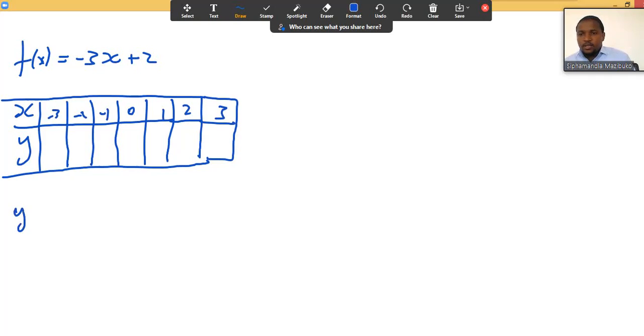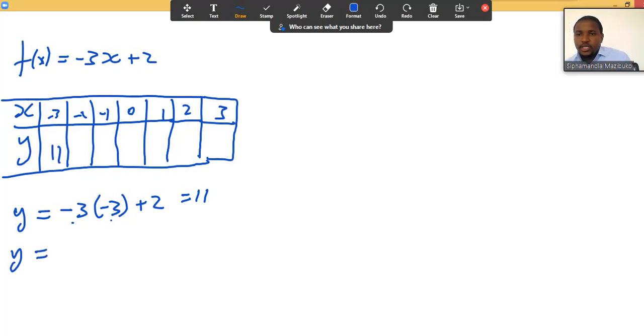So if x is equal to 3, we have minus 3 times 3 plus 2. Actually, let me do x is equal to minus 3: minus 3 times minus 3 is positive 9, plus 2 is 11. You can put it in a calculator. Okay, so we have 11.